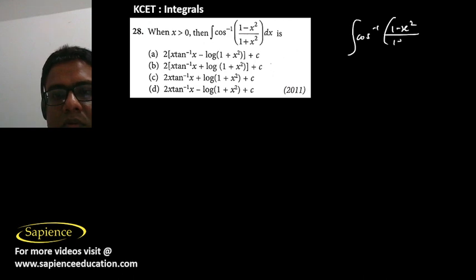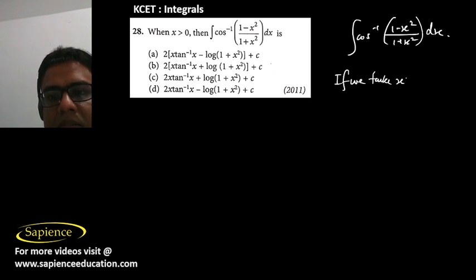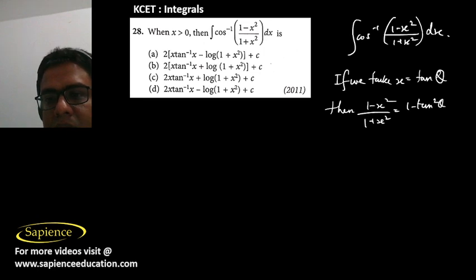Then in question number 28, it's told when x is greater than 0, then integral cos inverse of (1 minus x square by 1 plus x square) dx is how much? Now if we take x as tan theta, then 1 minus x square by 1 plus x square will be equal to 1 minus tan square theta by 1 plus tan square theta, which is equal to cos 2 theta.